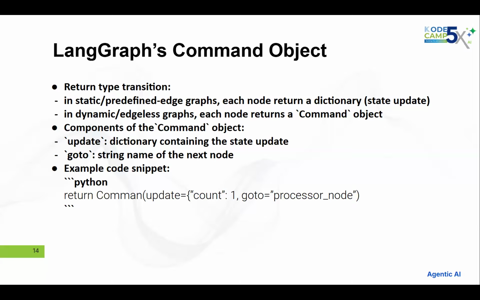If you change this on the fly to maybe some other node, say a critique node, that defines another edge. This is quite dynamic. The command object allows for dynamic edge definition, which is the key thing in edgeless graphs.